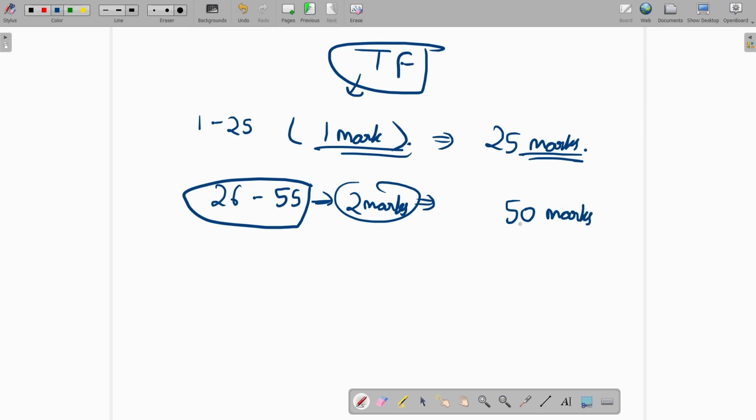In both of these, 1 to 25 and 26 to 55, maths and the TF segment are both covered. So you will see 3 to 4 questions are from math, and 2 or 3 questions are from math in this part also.